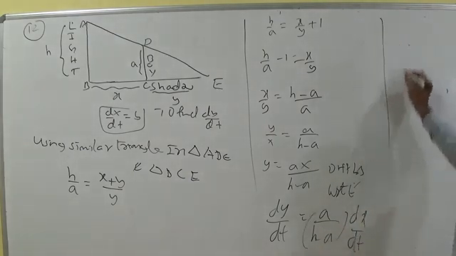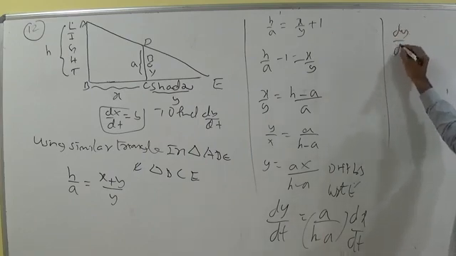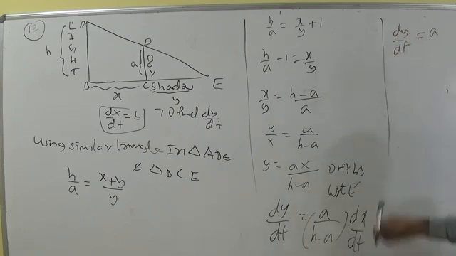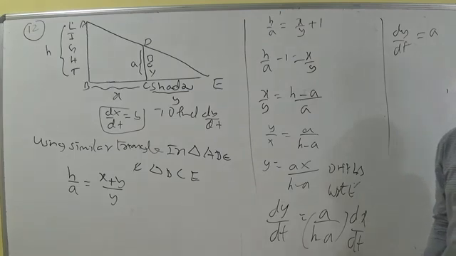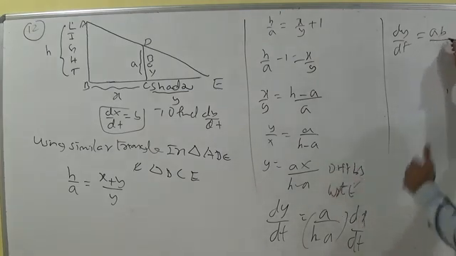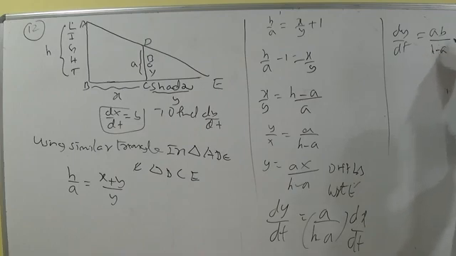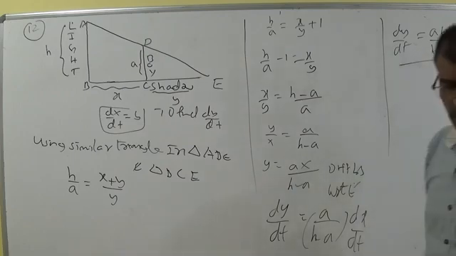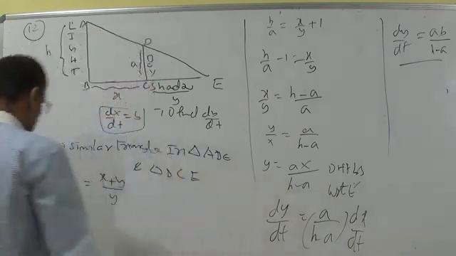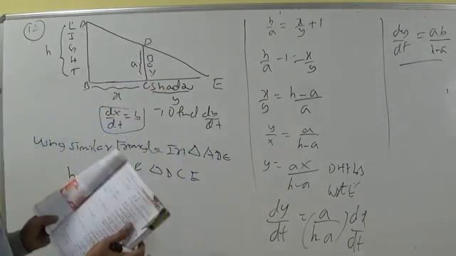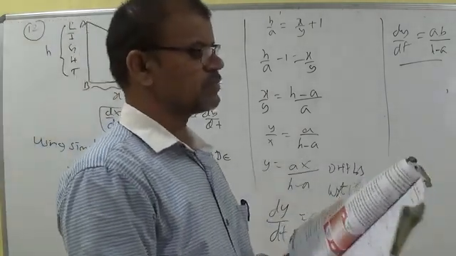So dy by dt is equal to a into dx by dt అంటే బాయ్ మూవ్ అయ్యే ప్లేస్ అతను b అని ఇచ్చాడు కాబట్టి ab by h minus a రాయొచ్చు. dy by dt is equal to ab by h minus a. ab by h, first option.